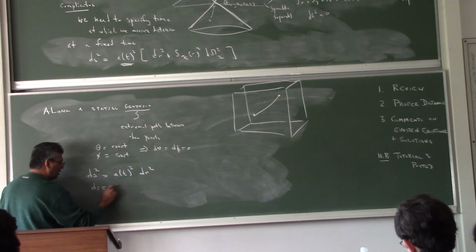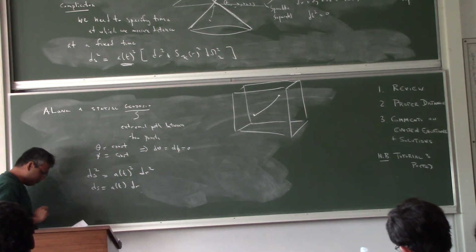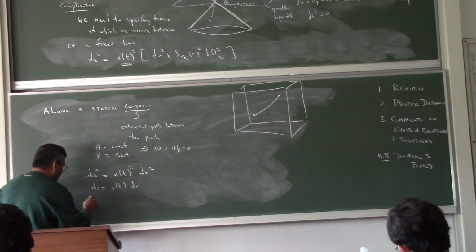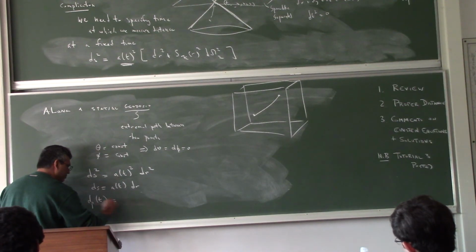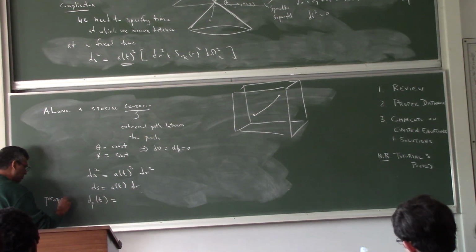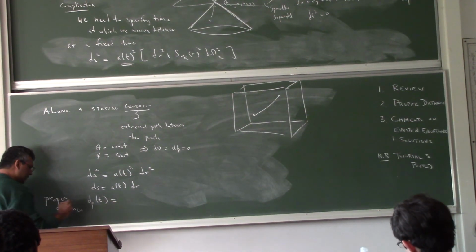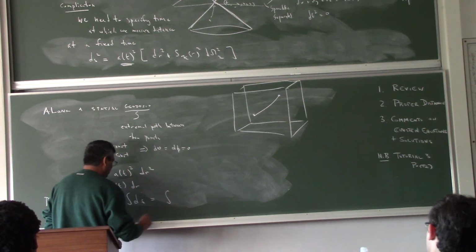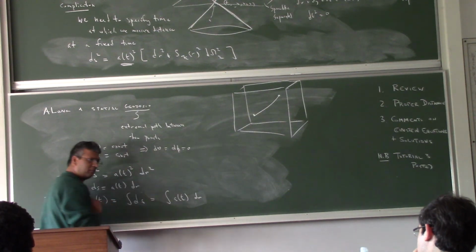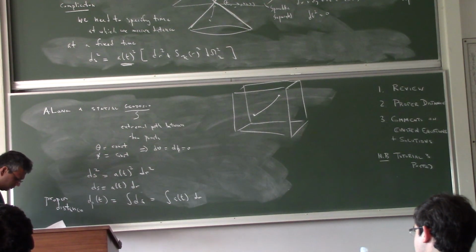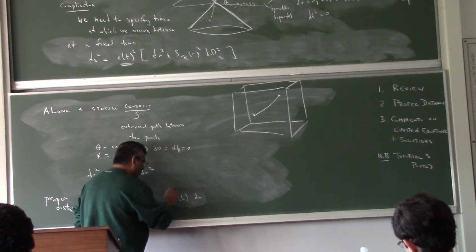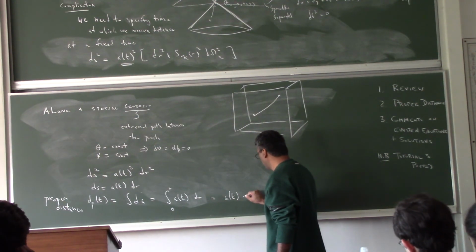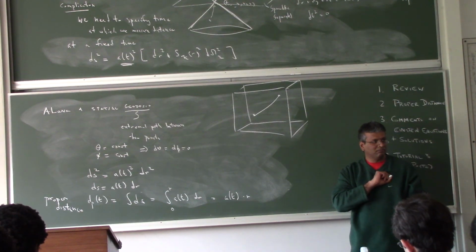We have ds equals a of t dr. So we can define what's called the proper distance, dp of t, as the integral of ds, which is the integral of a of t dr. Okay, so we're integrating from 0 to r. And this is then a of t times r. Great.